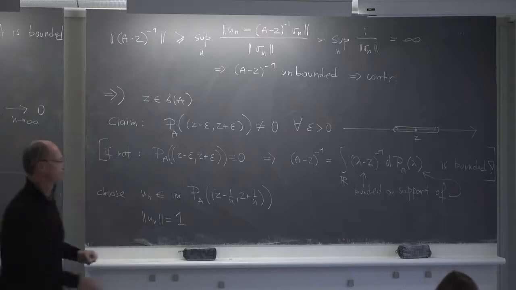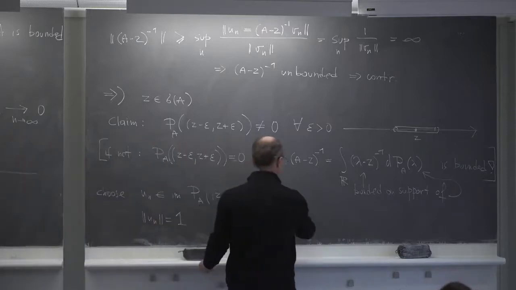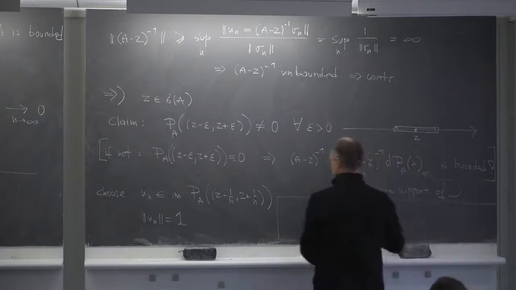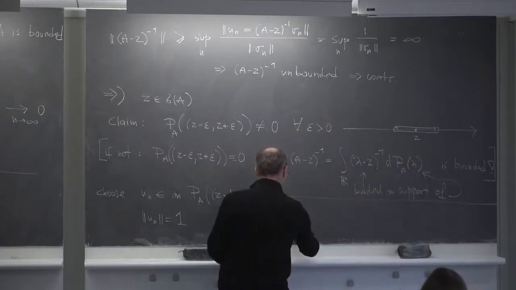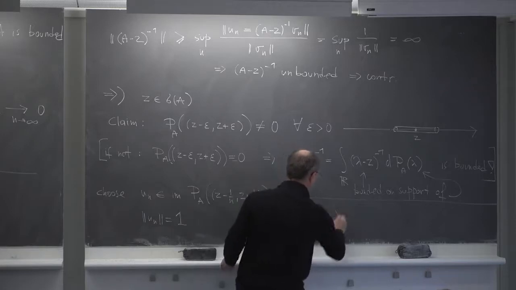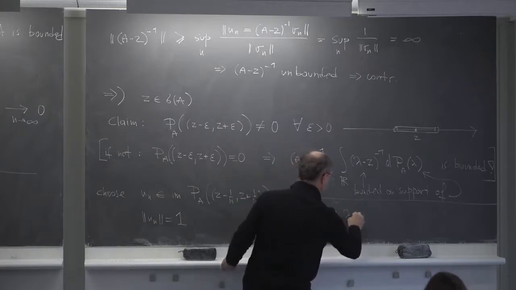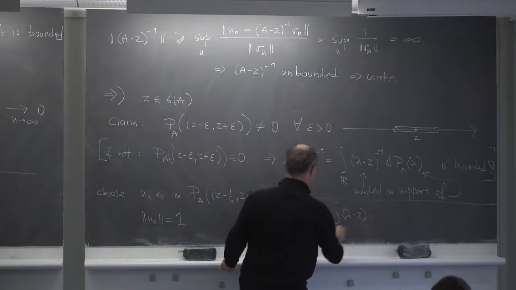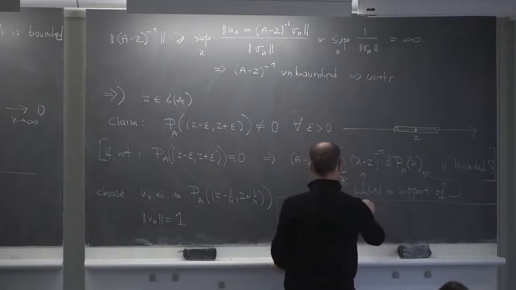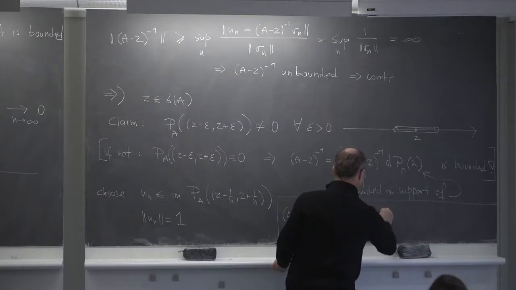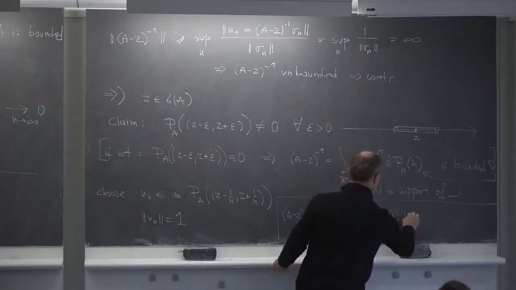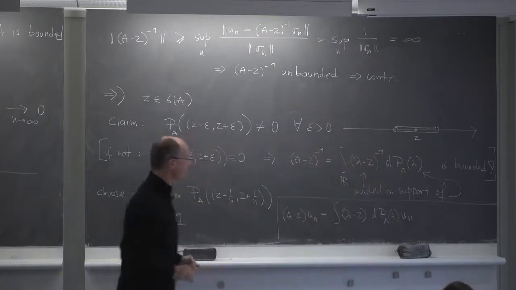Why not? Then (A minus z) u_n is equal to an integral of (lambda minus z) dP_A(lambda) times u_n.